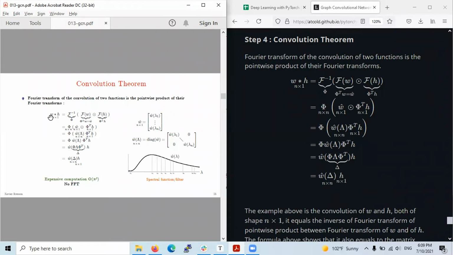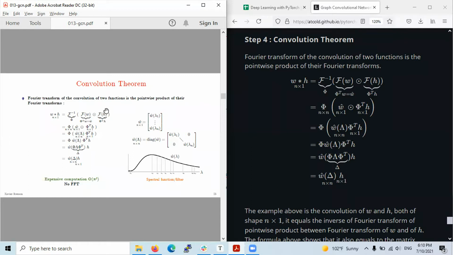The kernel or filter W is slid over H, and at each step of the sliding, a point by point multiplication happens. But in the frequency domain, after the Fourier transform, it is a simple point-by-point multiplication between the Fourier transform of the kernel W and the Fourier transform of the signal H.